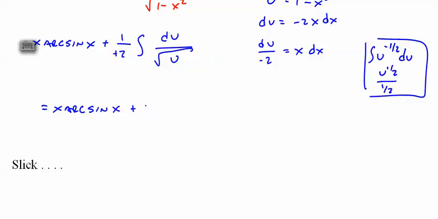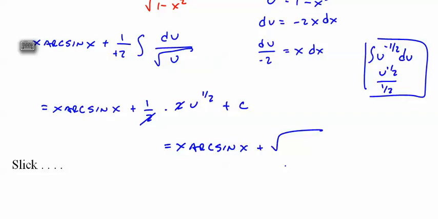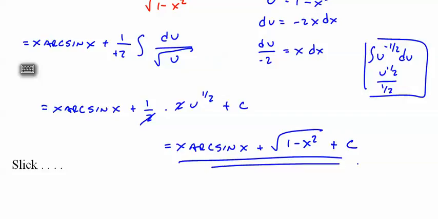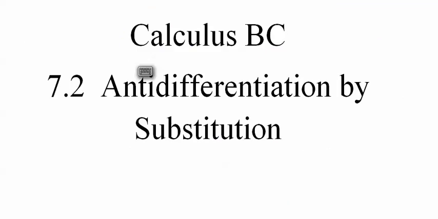In other words, 1/2 times 2u to the 1/2 plus c. And we get to do some substitution and some canceling. x arcsine of x plus square root, which is just u to the 1/2, 1 minus x squared plus c. And forgive me for saying, but that's some pretty slick math, so I think it's cool. That is it. Happy mathing.